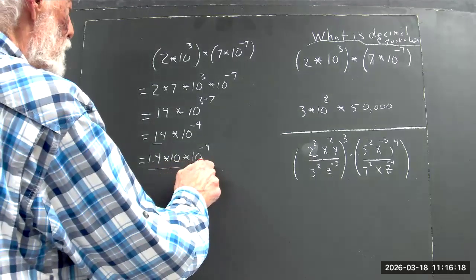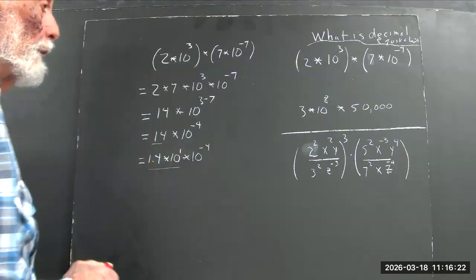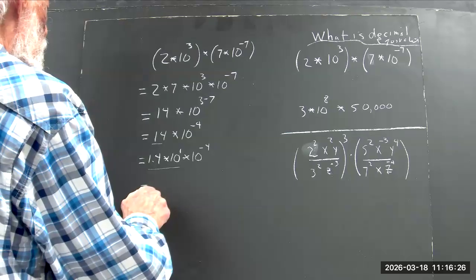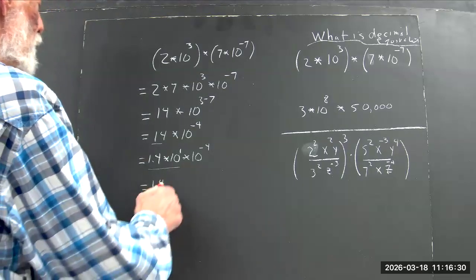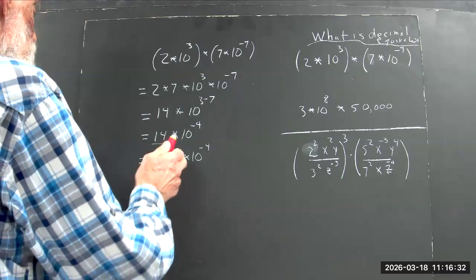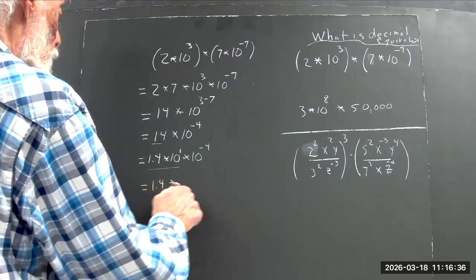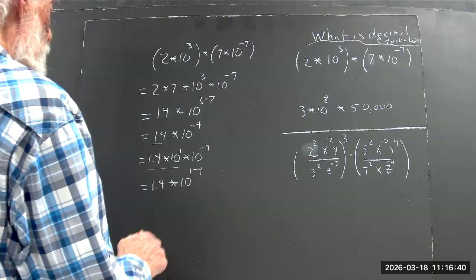And then 10 times 10 to the negative 4th, it helps to remind ourselves that 10 is just 10 to the 1. Just helps avoid confusion. It's unnecessary if you're careful. But okay, so this is 1.4 now, times 10 to the 1 minus 4.